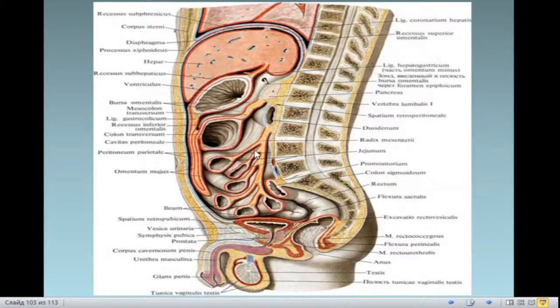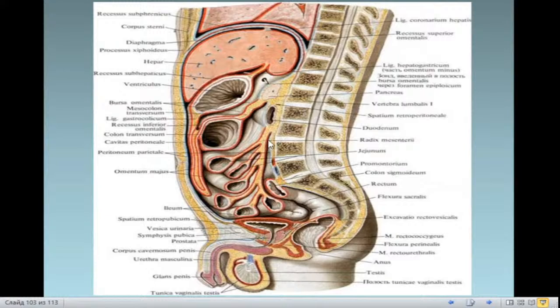And mesentery is the portion of peritoneum suspending the loops of small intestine to the posterior abdominal wall. So that is called mesentery.